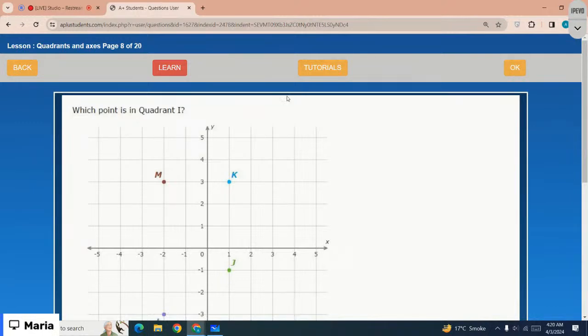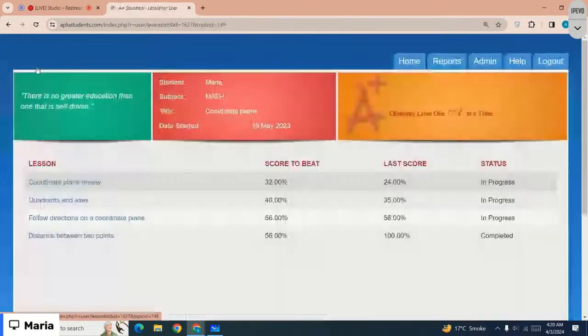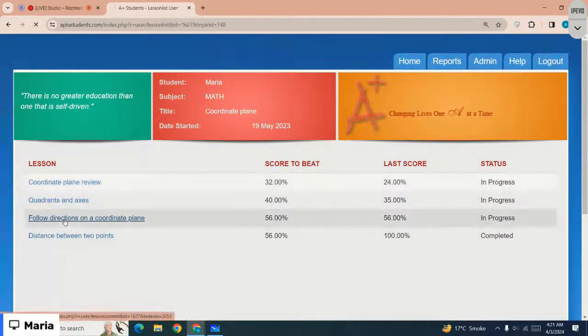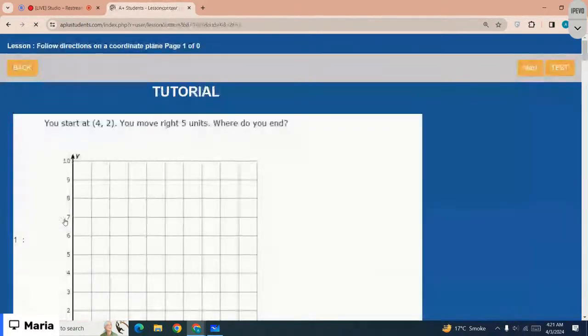The next lesson is follow directions on a coordinate plane. Let's start with the next lesson, that is follow directions on a coordinate plane. Okay, so you start at 4, 2, and move right 5 points. Where do you end up?